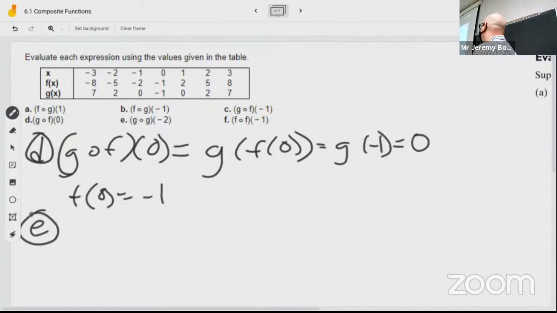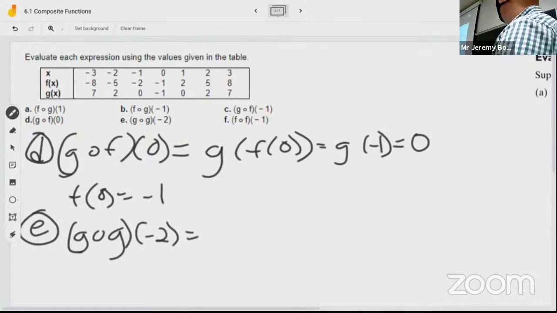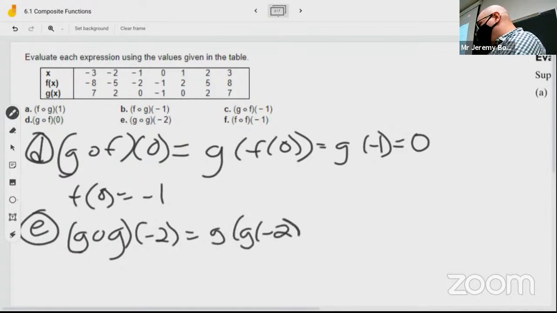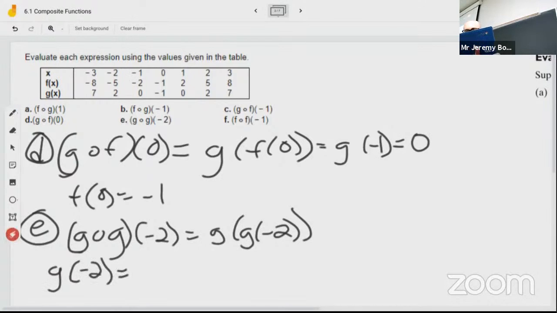All right, E. We're doing G composed with G of -2. So that means we're going to do G of G of negative 2. Now, don't be confused that you're using the same function twice. That's fine. First thing, find G of negative 2, which is positive 2.